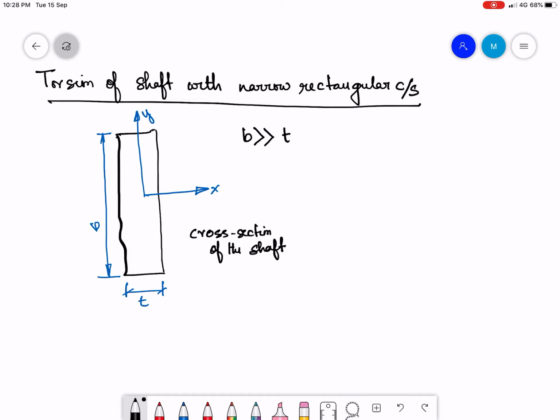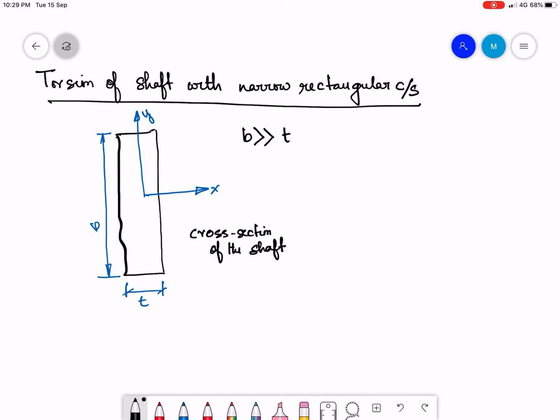Do not confuse this with the shaft; this is just the cross section of the shaft. Now, if I have a cross section of this form, then you can figure out what would be the deformed shape of the analogous membrane, which is going to be of the same shape as that of a narrow rectangular cross section.